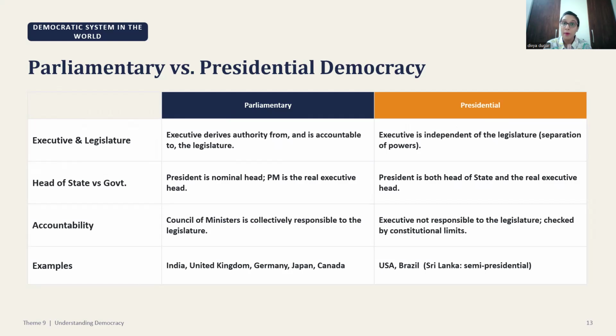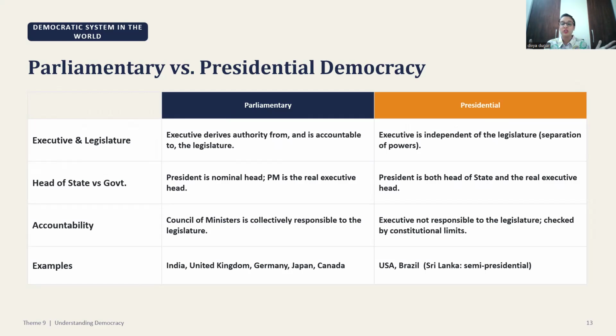Now, if I speak about parliamentary democracy, the president is the nominal head and the PM, the Prime Minister, is the real executive head. In presidential democracy, the president is both head of state and real executive head. And accountability, I just told you. In parliamentary democracy, the council of ministers is collectively responsible to the legislature.